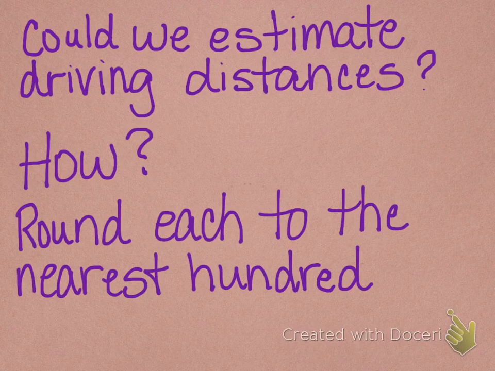We would round each number to the nearest 100. So, for example, if it were 306 miles, I would round that to 300 miles. If it were 450 miles, I would round it to 500 miles.